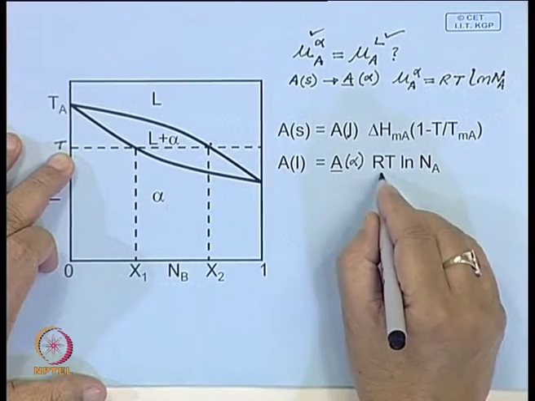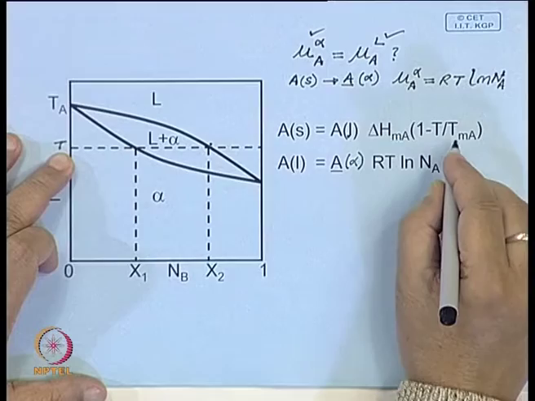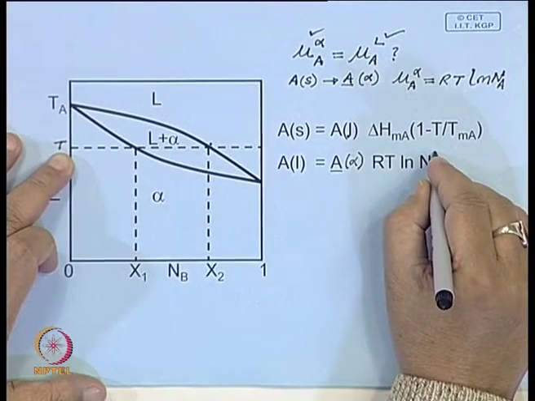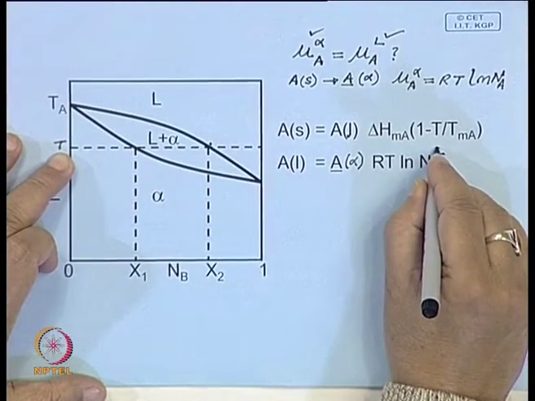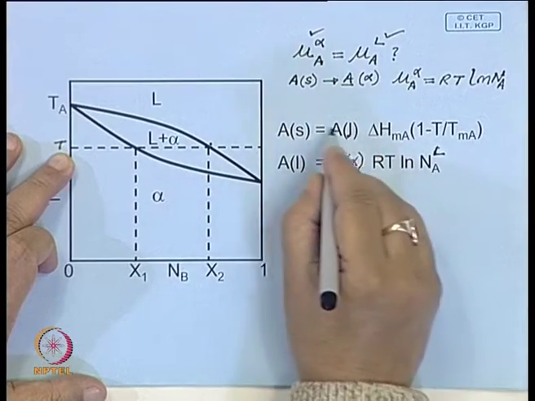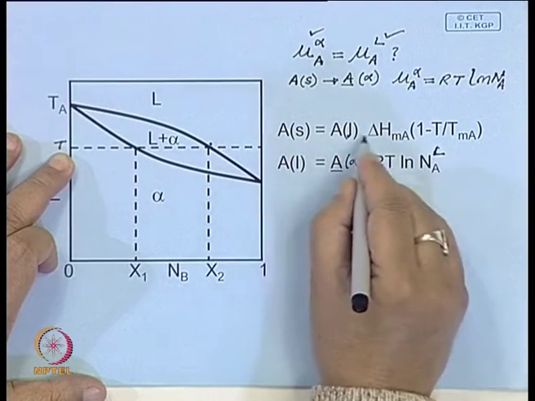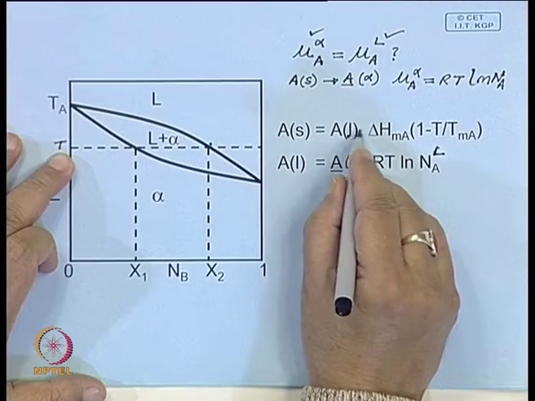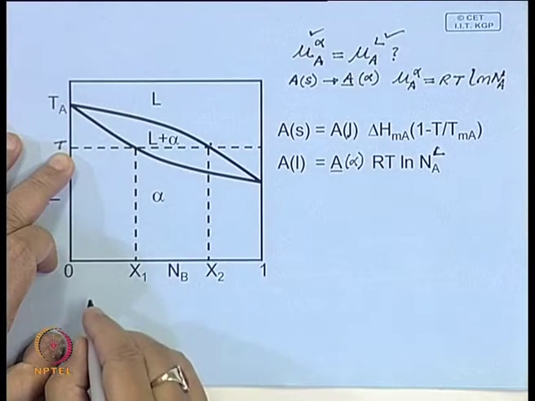So this is RT ln of A in liquid, which is easy. And then how do you calculate the free energy change over here? This free energy change can be estimated.